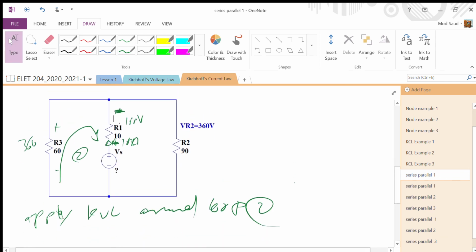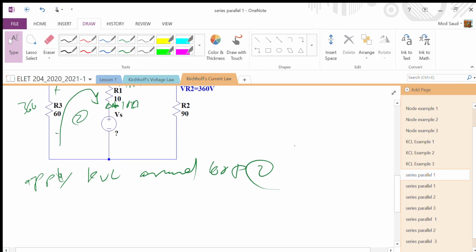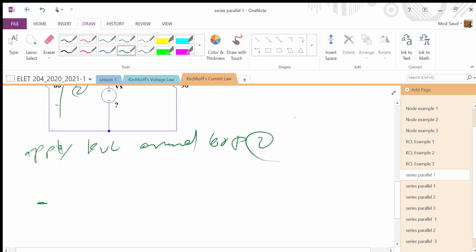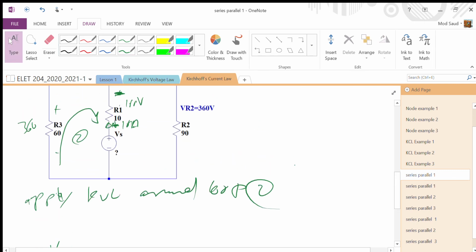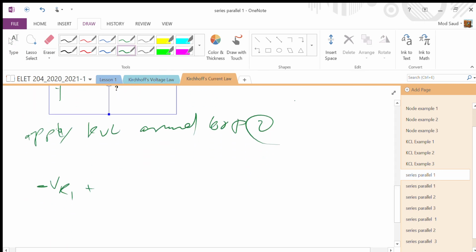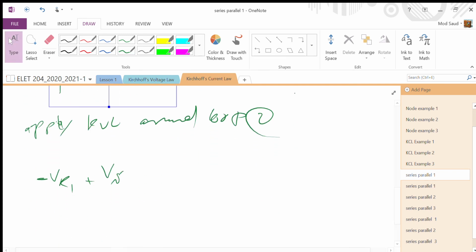So the first thing we see here is minus VR1, and then we have plus VS minus VR3 equals 0.